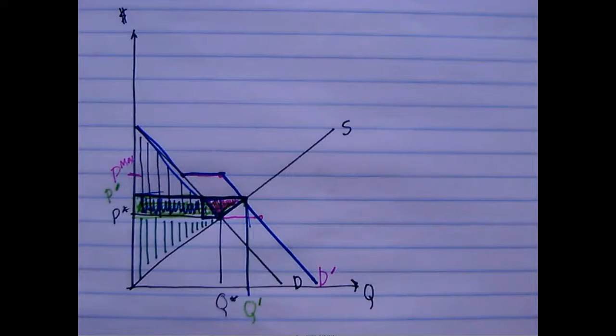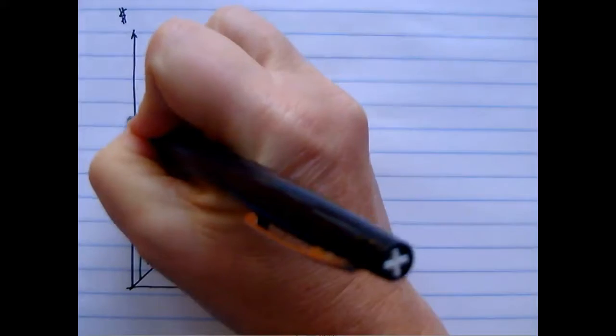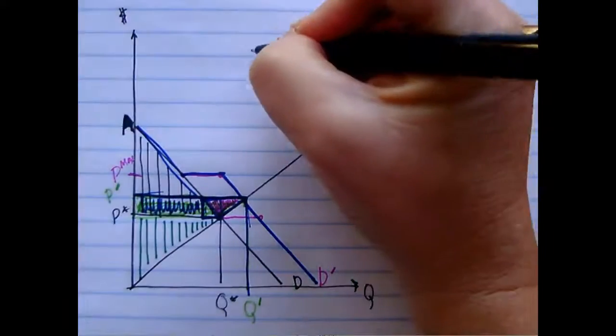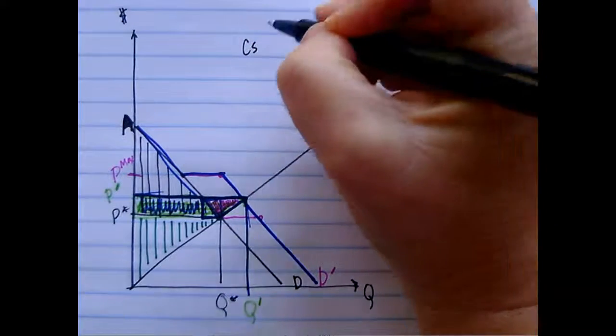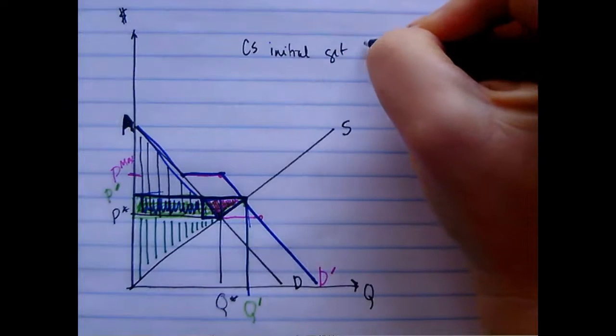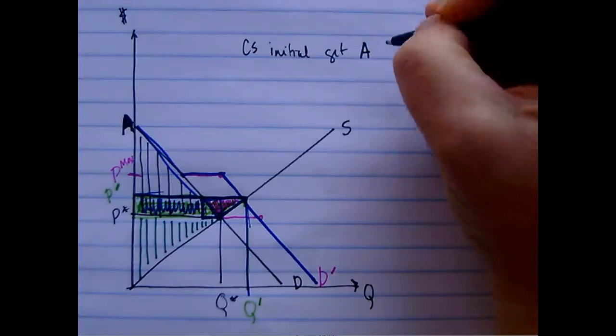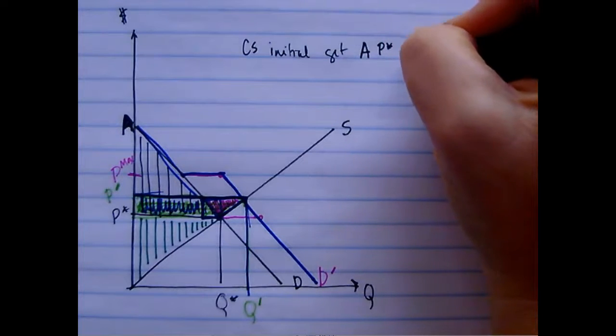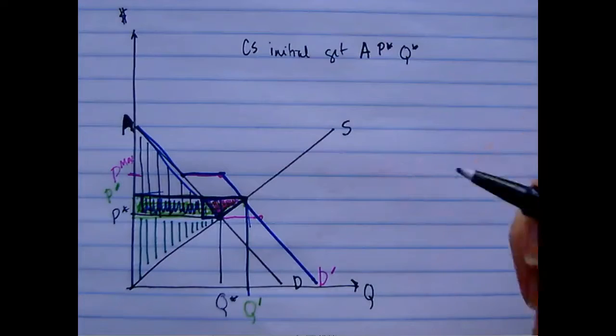And so to make this clear, let's put some letters here. So we'll call this A. Consumers initially get the area A, P star, Q star, right? This big triangle.